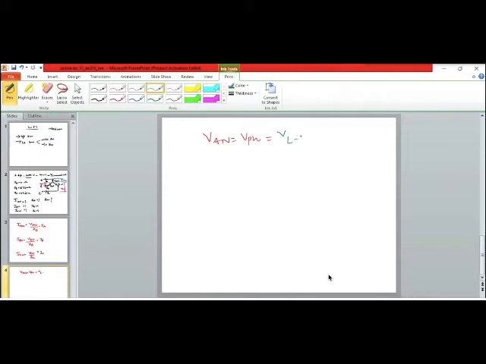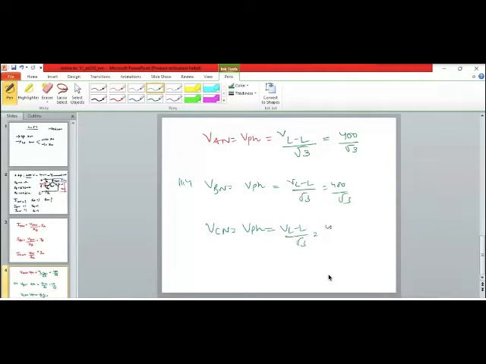So it is nothing but V line to line by root 3. So VAN is equal to V phase is equal to V line to line by root 3, that is 400 divided by root 3. Similarly, VBN is equal to V phase, which is V line to line by root 3, 400 by root 3. Similarly, VCN is equal to V phase, which is 400 by root 3.